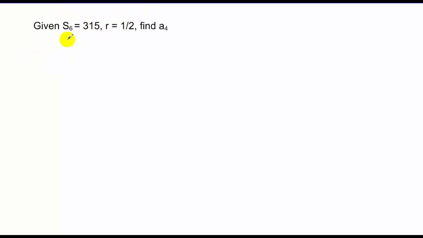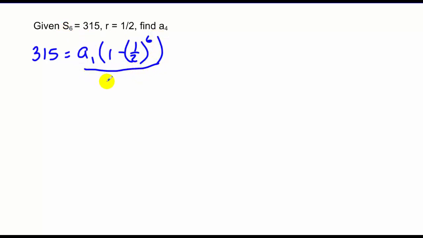So in this problem, we know our sum is 315. It's geometric because we have a ratio here. Therefore, I need my first term times 1 minus my ratio. There's 6 terms total, so I have the end value over a half. Multiplying the half to the other side, I have 315 over 2 is equal to the first term times 1 minus 1/2 to the 6th, which is 1/64.